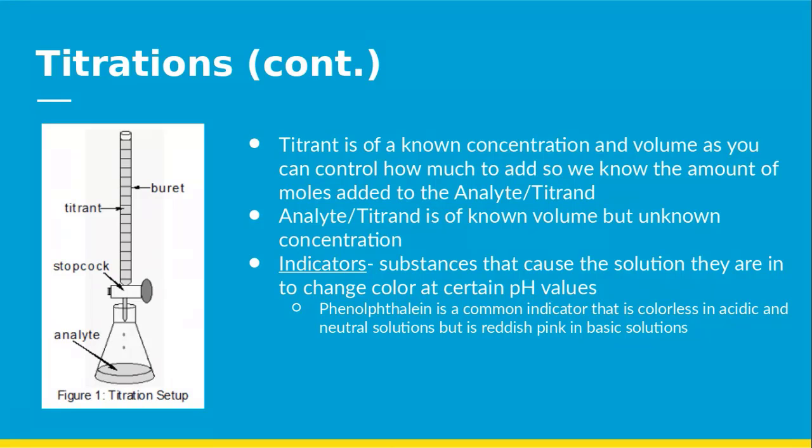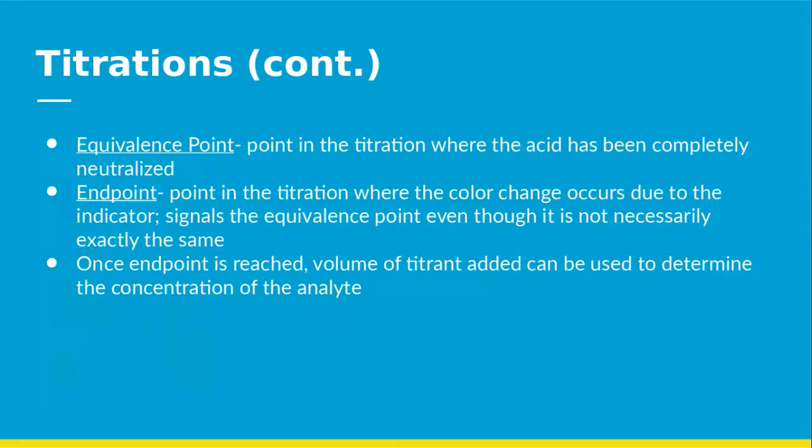Once it reaches neutral and becomes slightly basic, it changes color, and at that point we know it's the end of the titration. So that's the equivalence point: the point in the titration where the acid has been completely neutralized, by adding the sodium hydroxide in the example I just gave you.